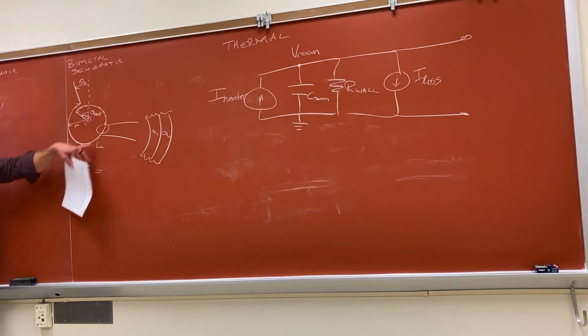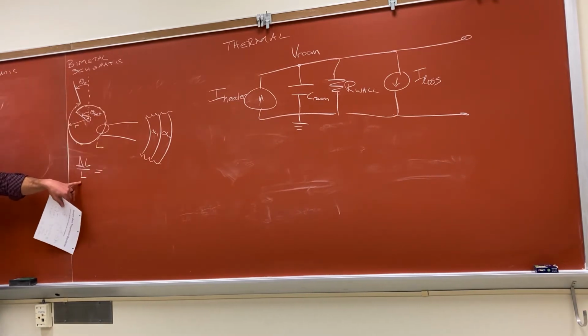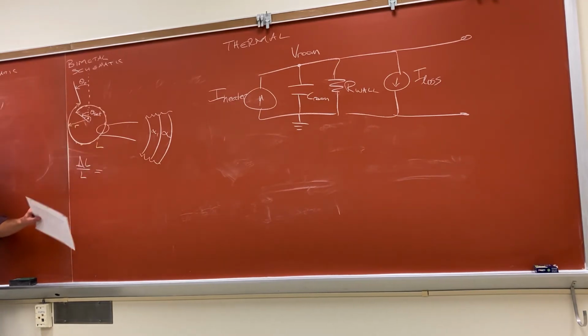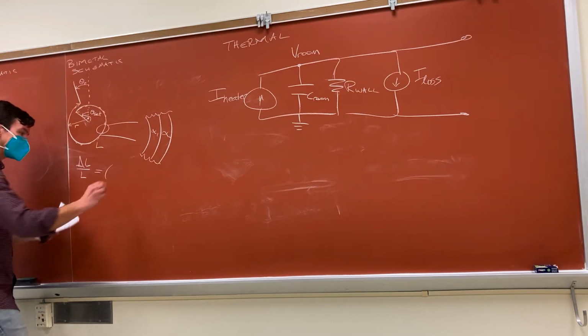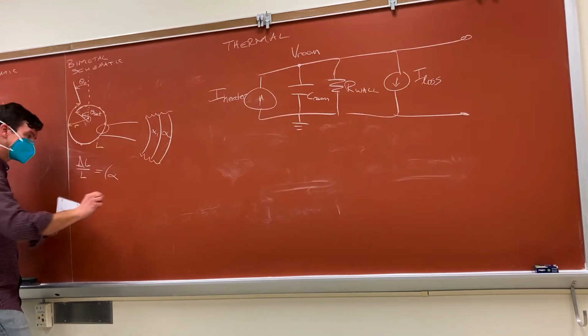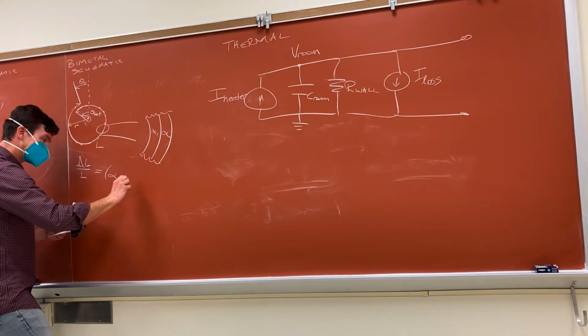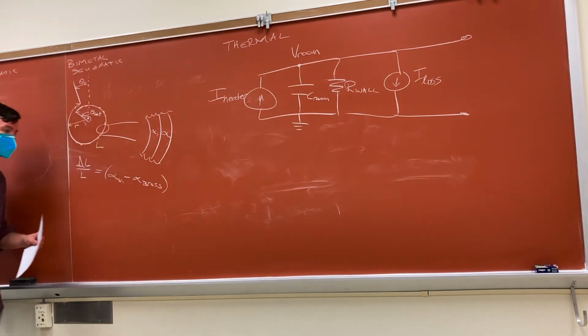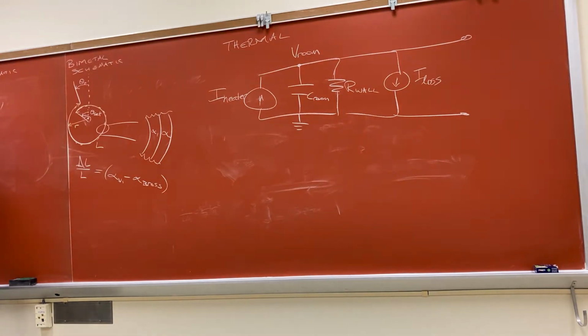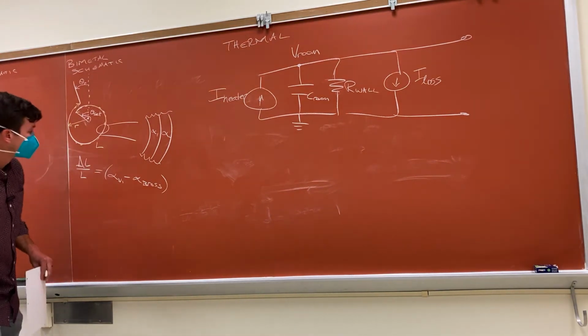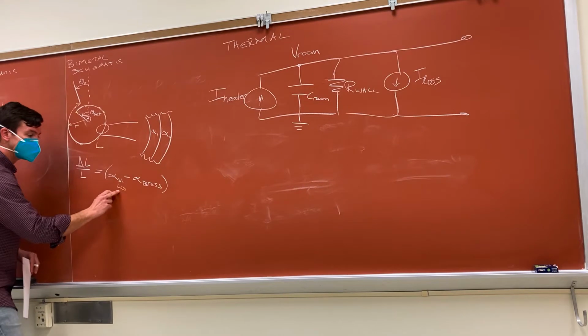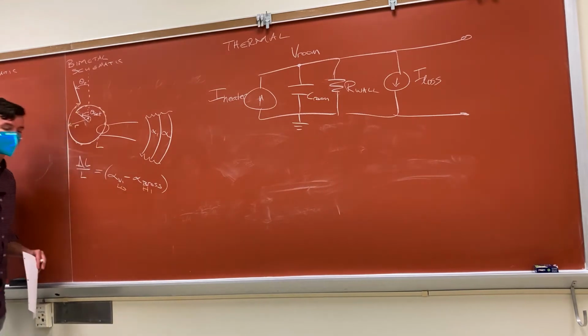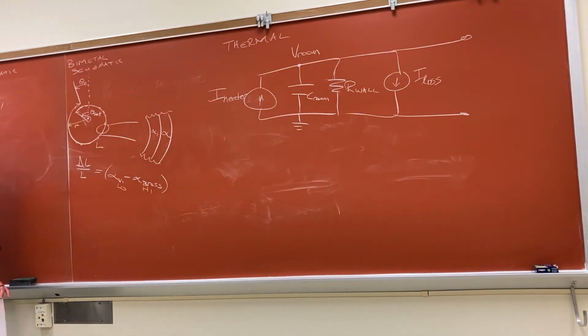The change in total length of this coil relative to its natural length is given by the alpha in the nickel minus the alpha in the brass, where nickel has a lower alpha than the brass. That just has to do with the physics.